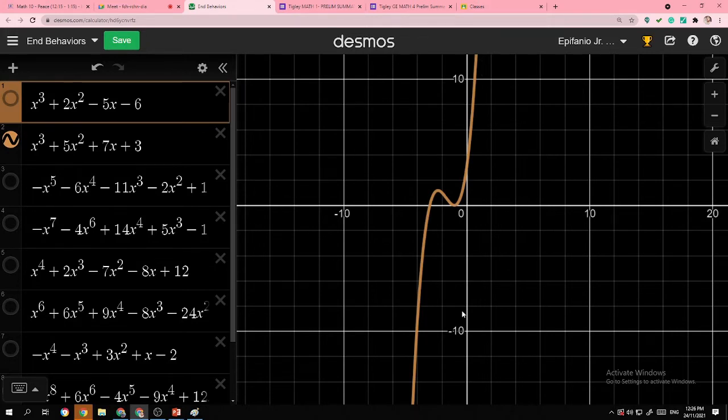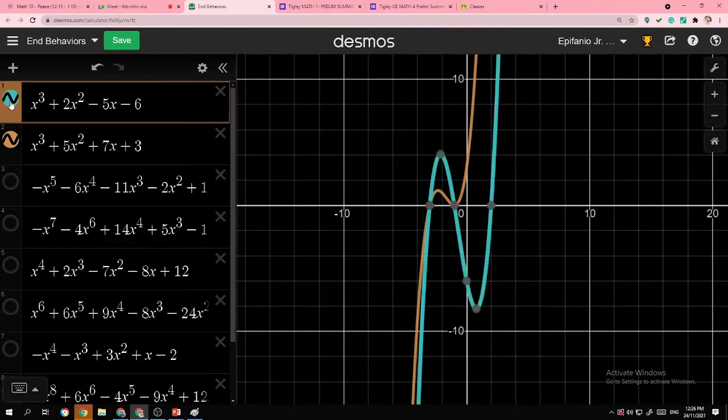Yes. Why? Is it up, down, or down, up? Down, up. So, take note. If I show both of these, you have noticed that the first arrow is going down and the second arrow is going up. And this is what you call a down-up end behavior.